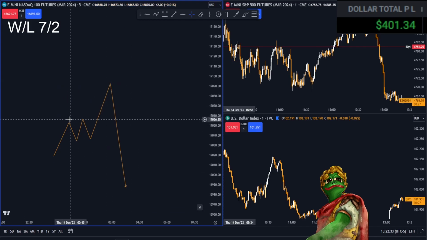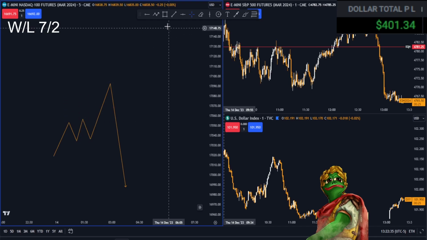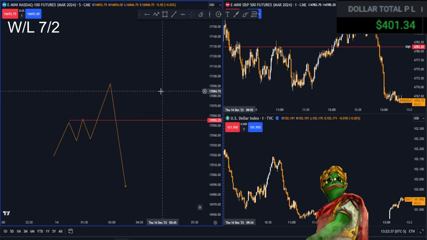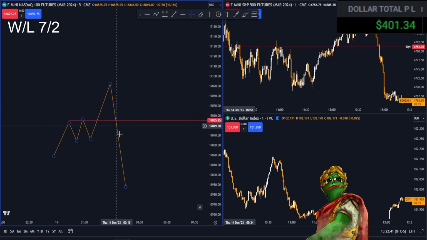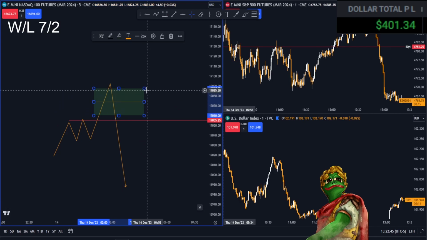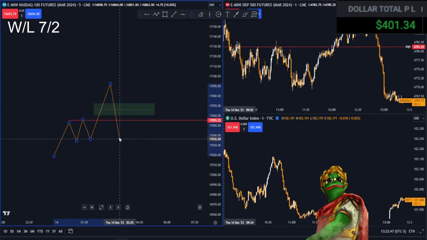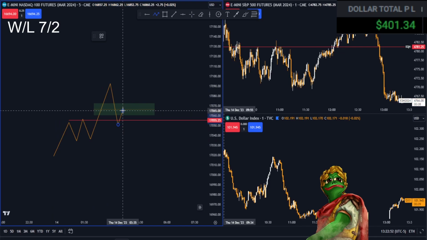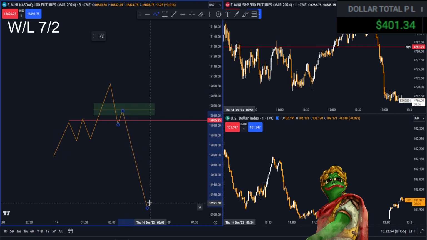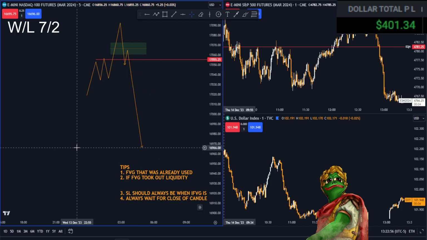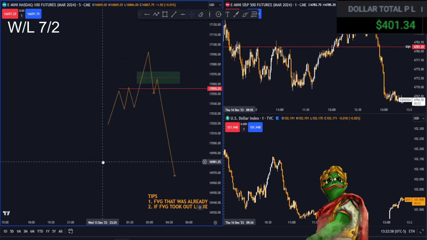Most people see the 22 model as you have liquidity here, it's taken out and then it reverses here. But what sometimes happens is you get an inversion here and the price does this and goes straight down for the other draw on liquidity.